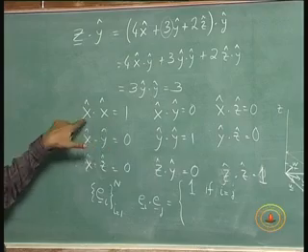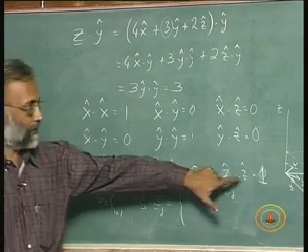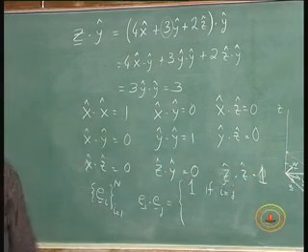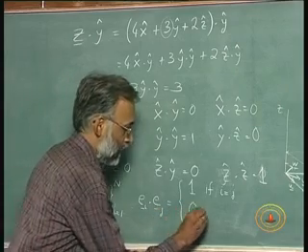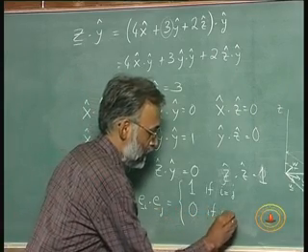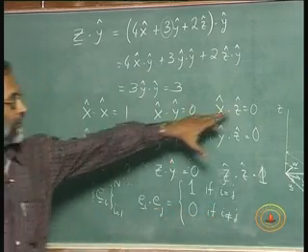It is 0 if i is not equal to j, and you can see off diagonal everything is 0.